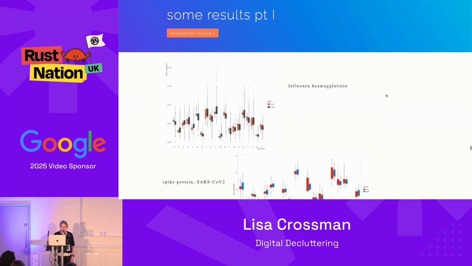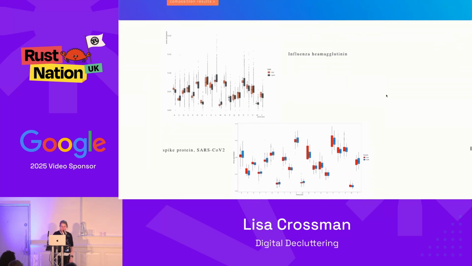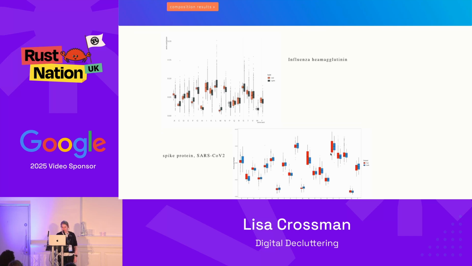I tried it on 2 different data sets, and one is the spike protein from COVID, which is the one that was targeted by the vaccine. And there's also the influenza hemagglutinin, which is a separate training run I did, and that is the one that's targeted for the flu vaccine.